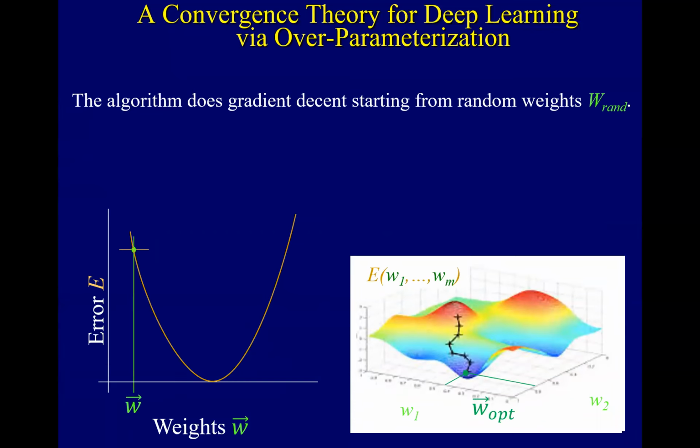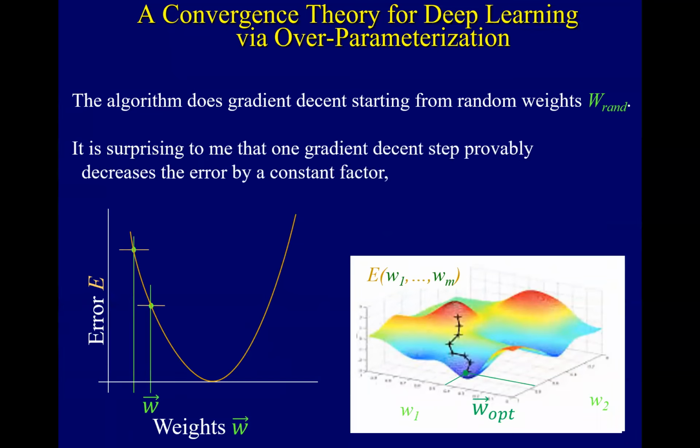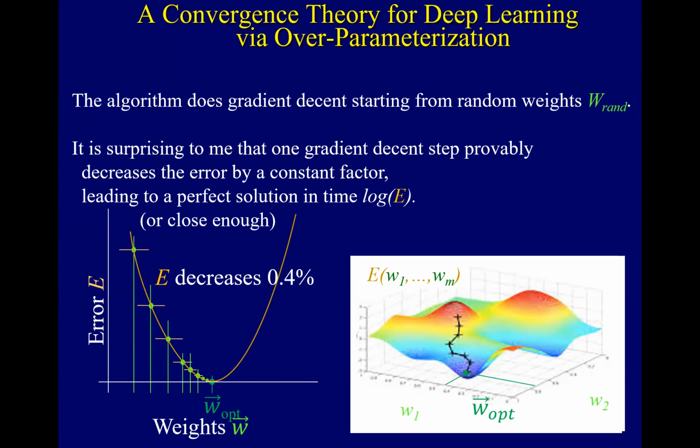We mean that you start in a random place, and each step decreases the error by a multiplicative constant amount, right? So that we all know then it just takes log of the error steps times this factor, it gets there.